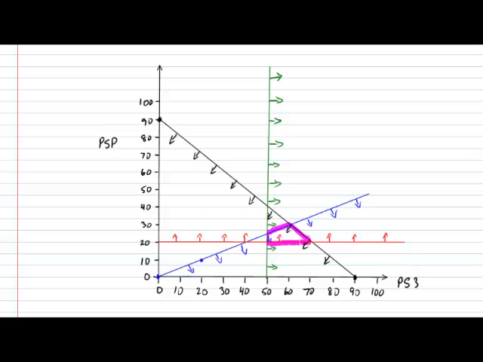And finally, let's identify the vertices that belong to this polygon. The first one is right here, located at the coordinate 60 and 30. Of course, this is assuming that you drew everything correctly. The second coordinate is located right here, and that coordinate is 70 and 20.